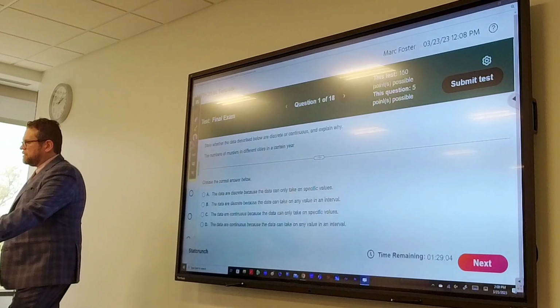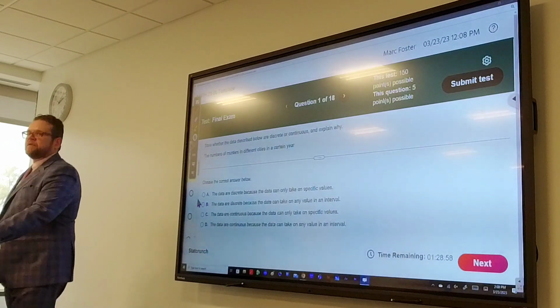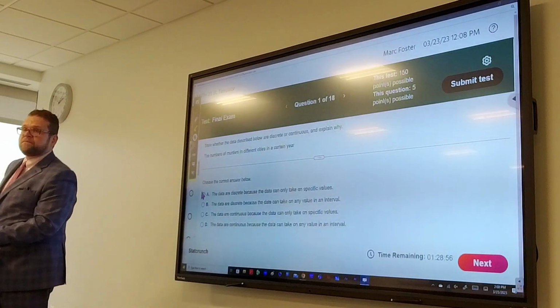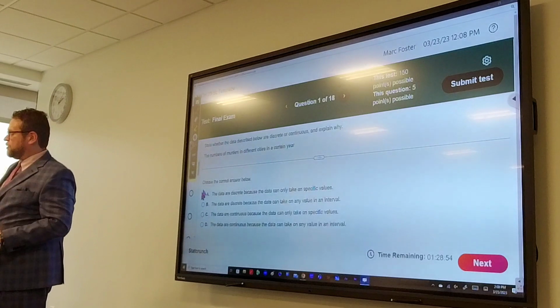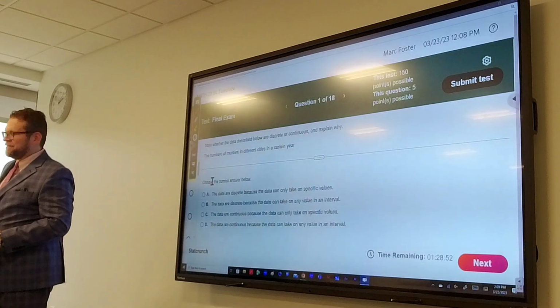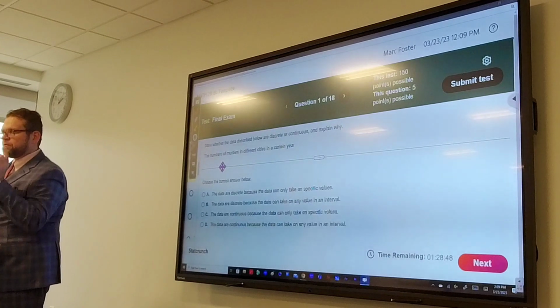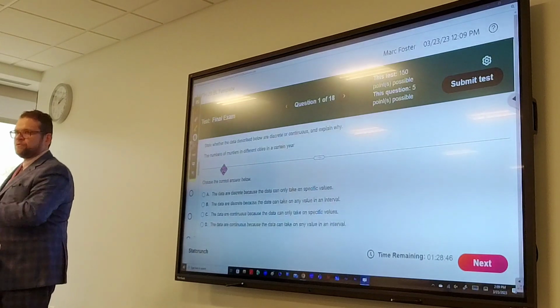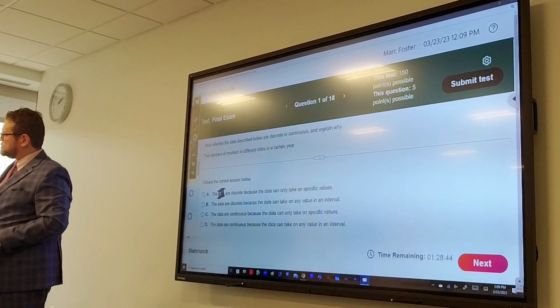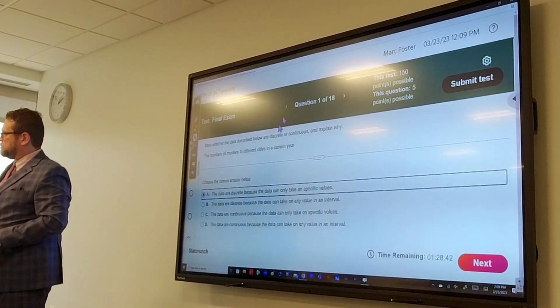Discrete, because it's in a certain year and there can only be so many murders. The number of murders is countable. Yes. Even if we murdered everyone and then they murdered themselves, it would be a finite number that you could label each one of them 1, 2, 3, 4, 5. So it can only take on these specific values.